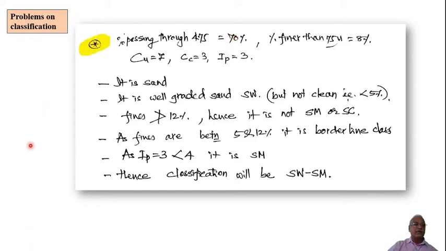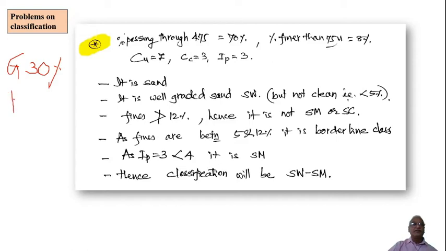If I have to write here, gravel becomes 30%. You can just see that because the percentage finer than 4.75 is given as 70%, everything greater than 4.75 is gravel, that's why it is 30%.